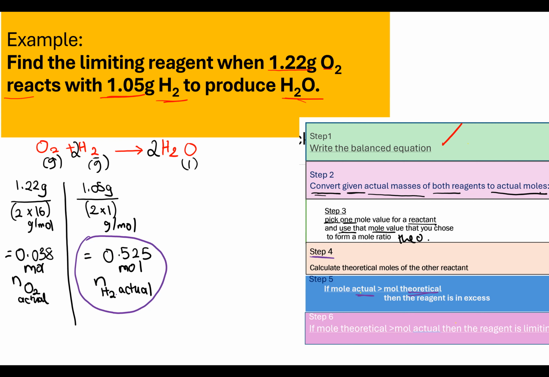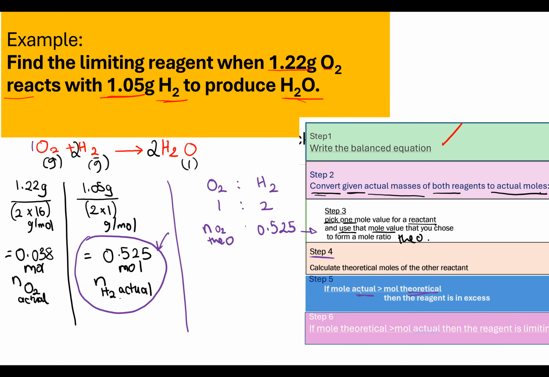So if I picked, for example, hydrogen, now I'm going to make a mole ratio in order to compare. The next step would be now oxygen to hydrogen. From the balanced equation, it is 1 to 2. Now, actually, I picked this value, and so that's going to be 0.525. Whatever I calculate for oxygen here will always be theoretical, so this is n of oxygen theoretical.